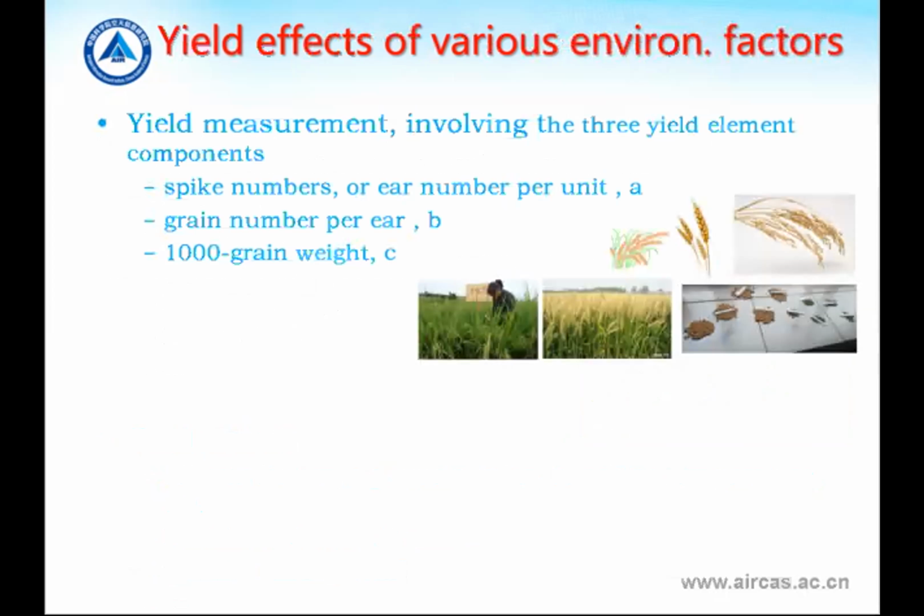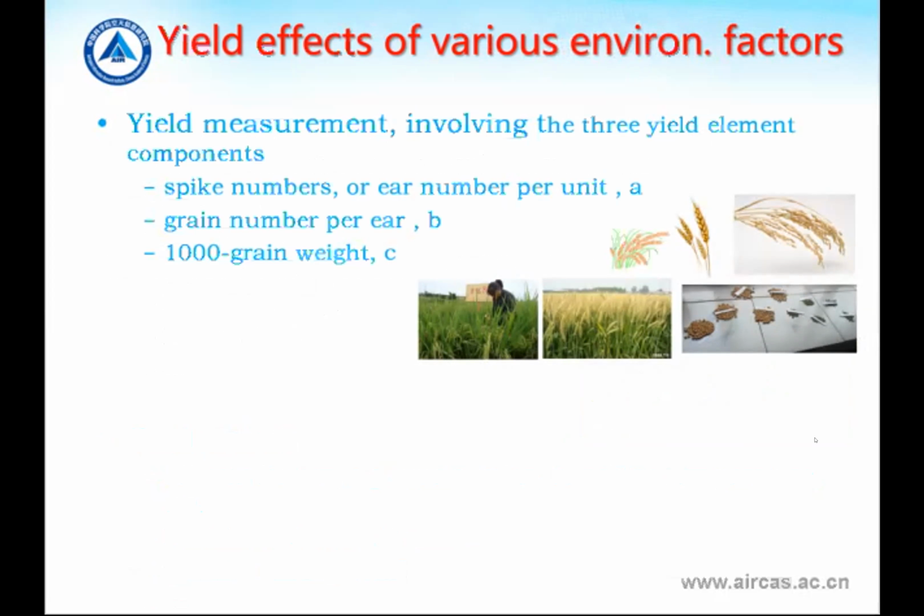Usually, there are three elements of the crop yield that must be measured. That is the spike number, the grain number per spike, and the grain weight. Then the crop yield can be the product of the three elements.